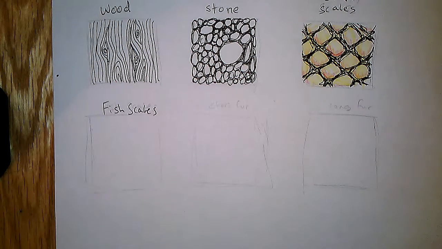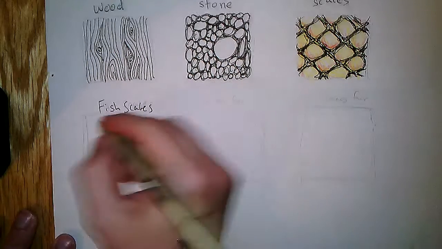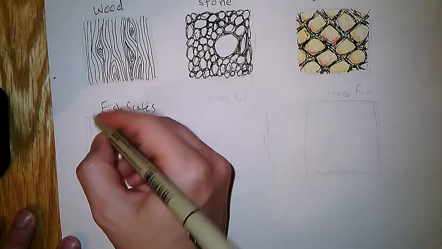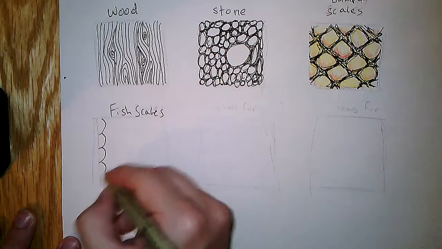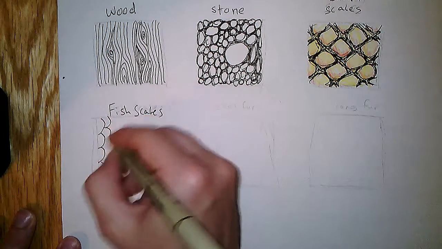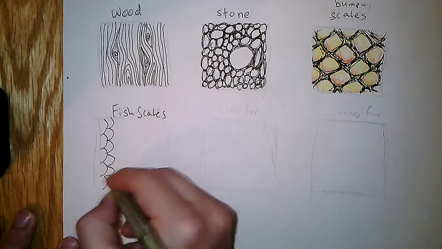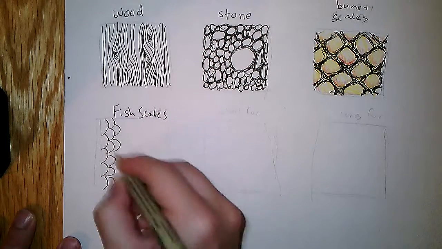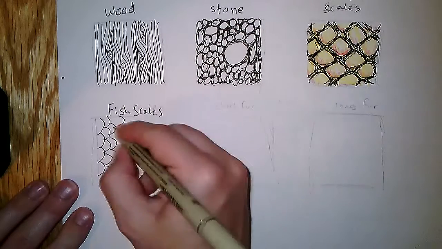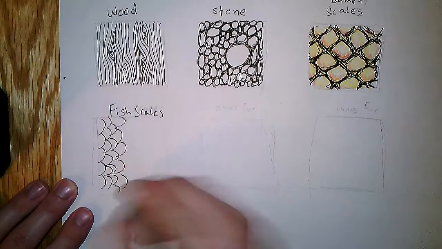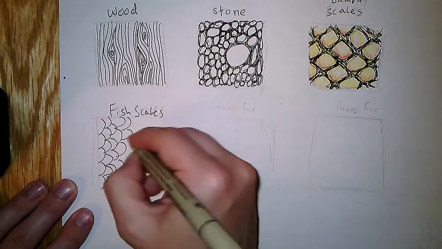So what I did for fish scales was, I'm starting on the edge over here. I just made kind of backward C's. Wasn't super careful about where they were falling. Just filled the space with fish scales.